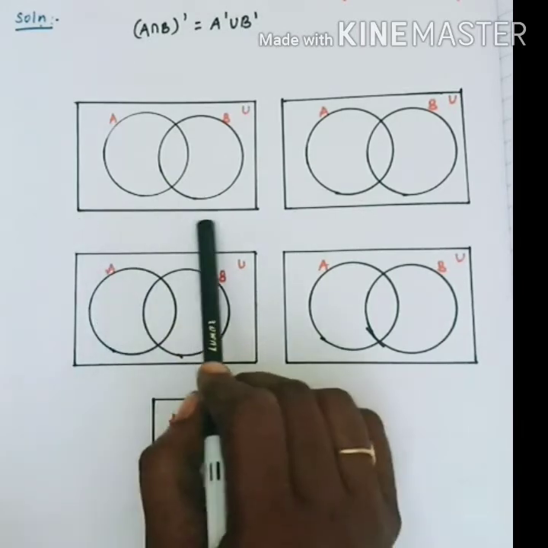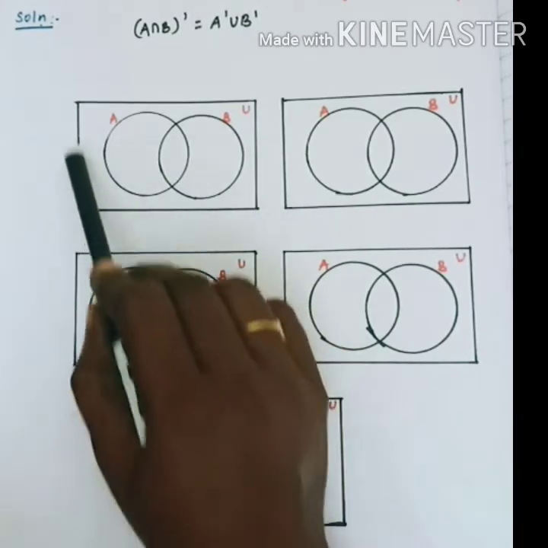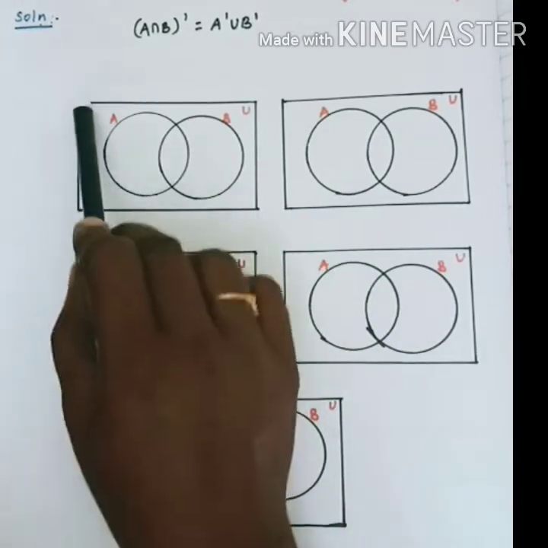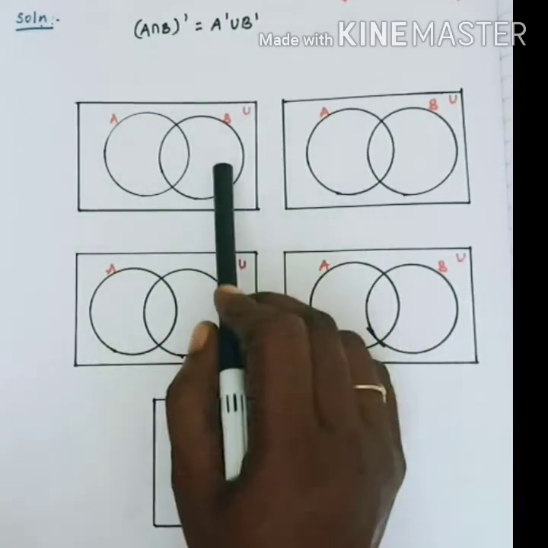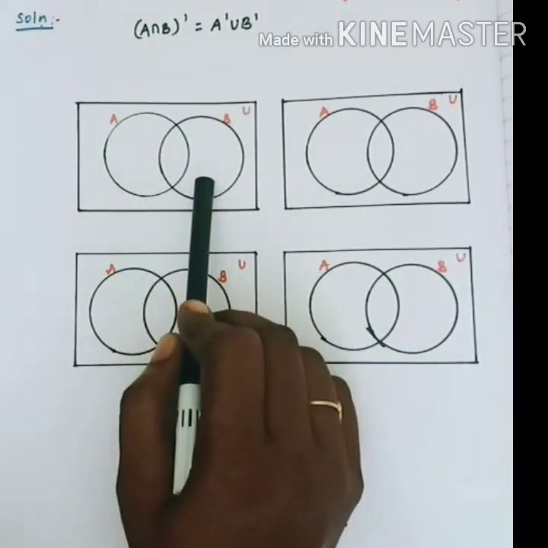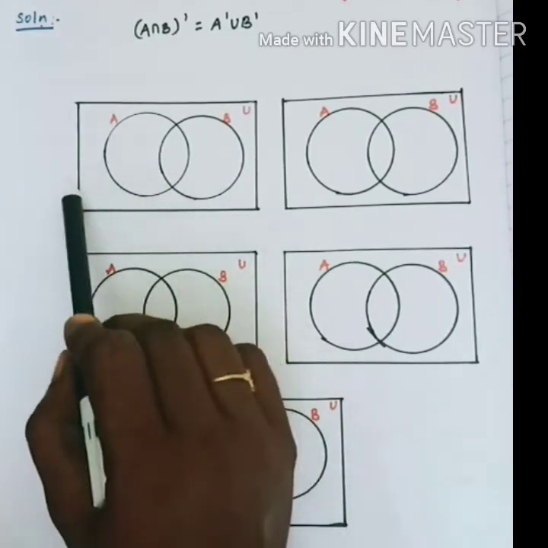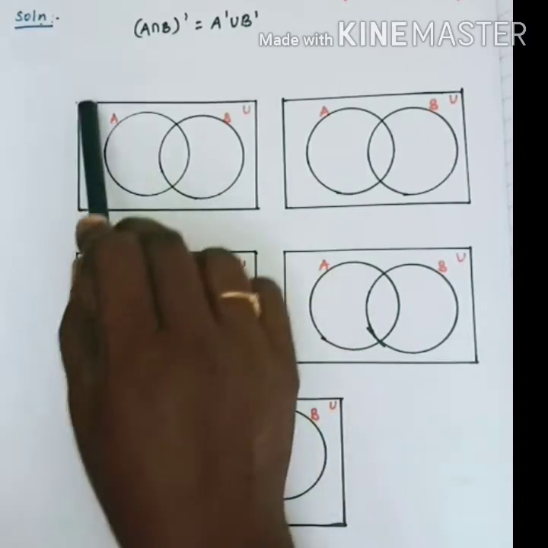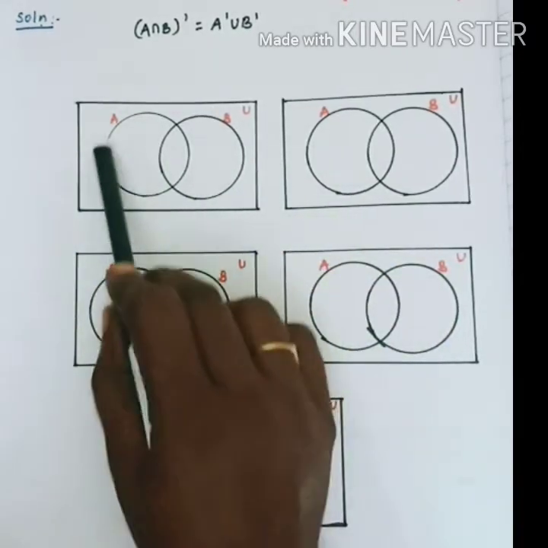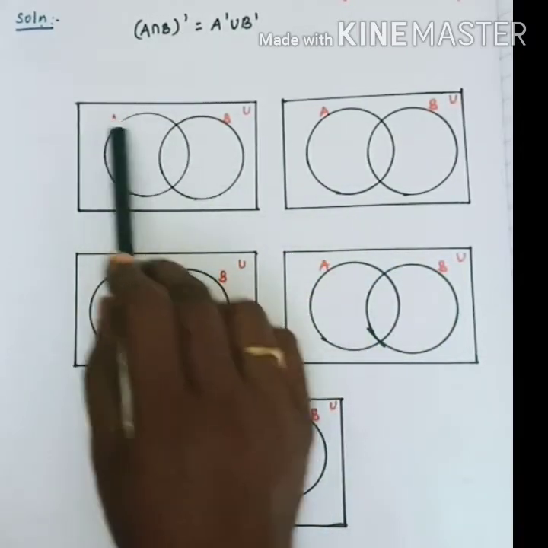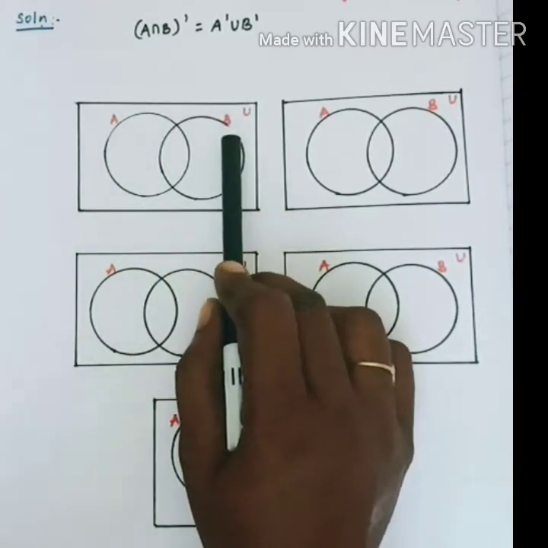I already told you, this rectangular box is the universal set, so that the sets A and B are inside the universal set. This circle is set A and this circle is set B.